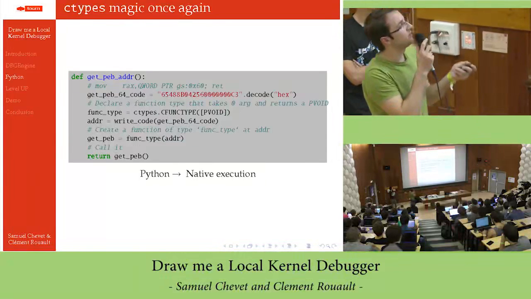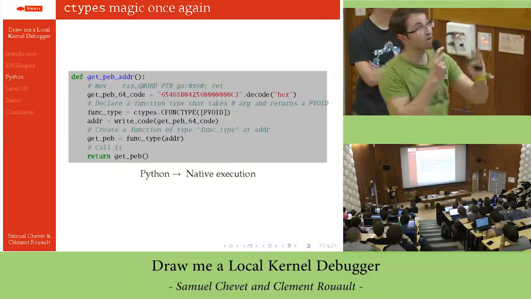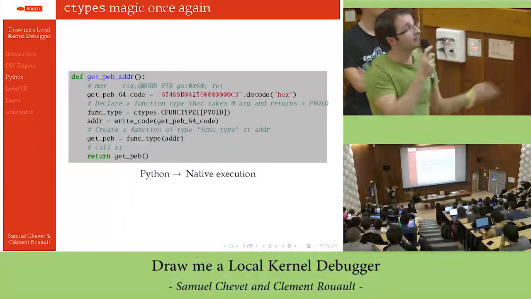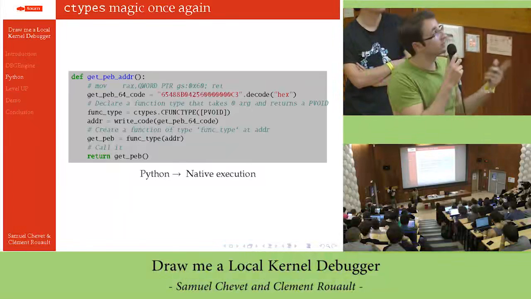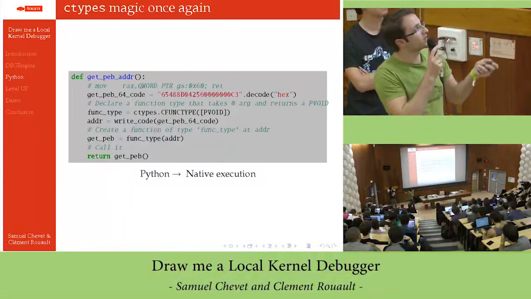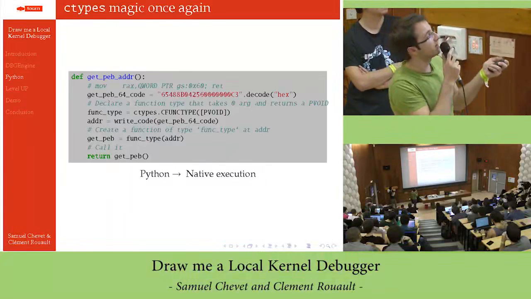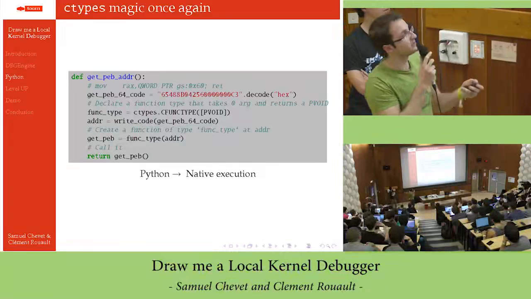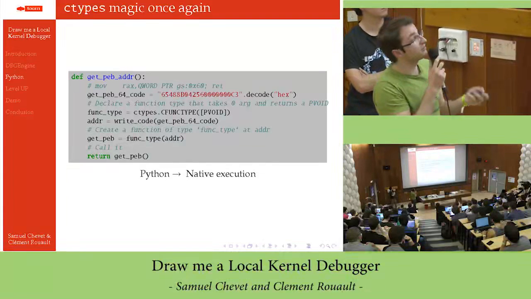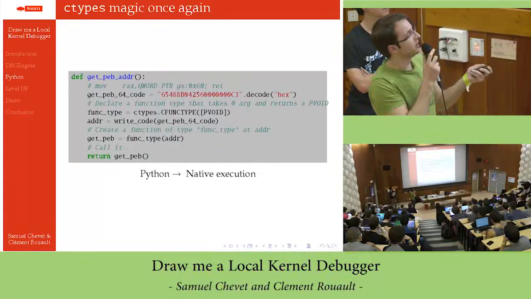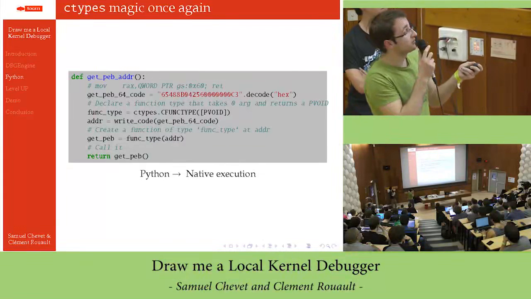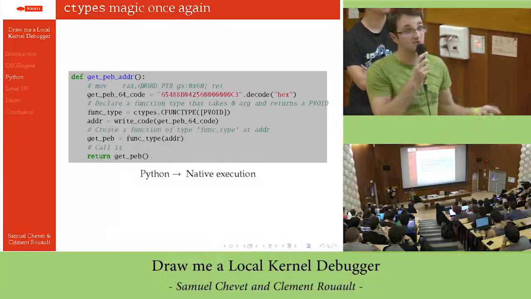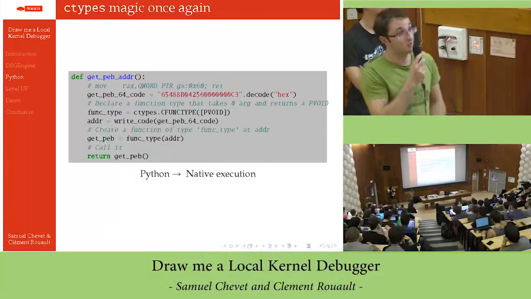And we write our native code somewhere. This function hides an allocator that allocates pages writable and executable. We write our code at a given address, and we create a function at this address saying, hey, this address is some native code that takes no parameters and returns a PVOID, and we have our function that we can call as we want, and we can perform native execution really simply in Python and get our PEB.